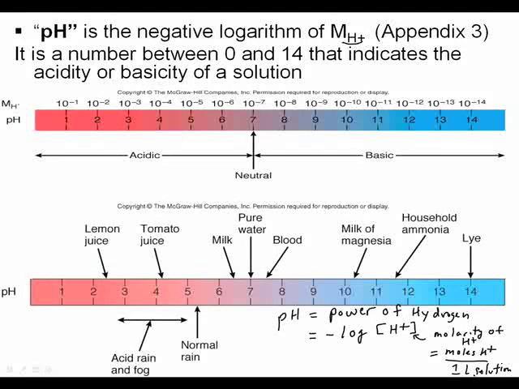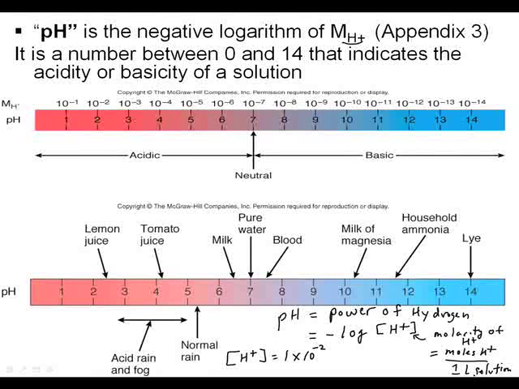Okay. So when we take, for example, the logarithm, let's say the concentration of H plus is equal to 1 times 10 to the minus 2.